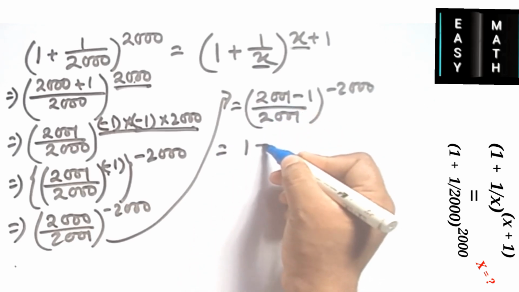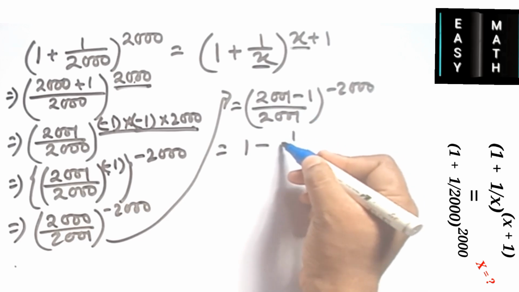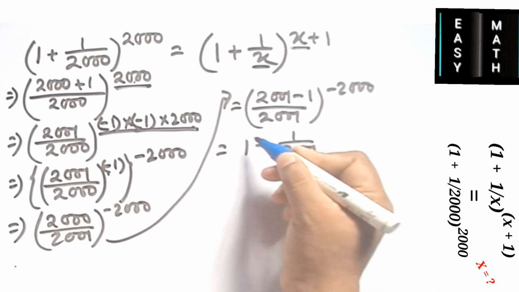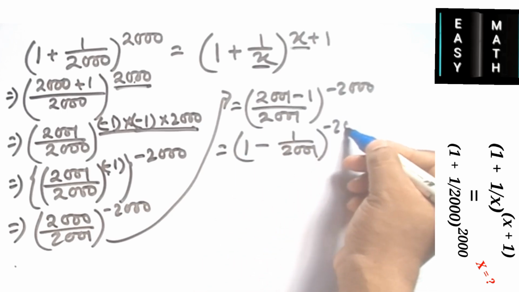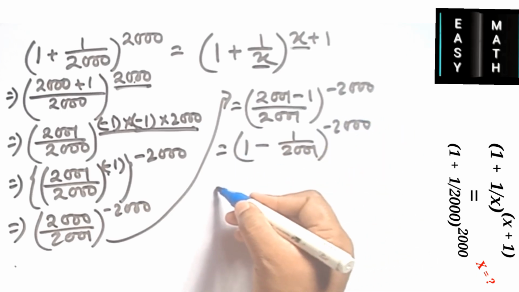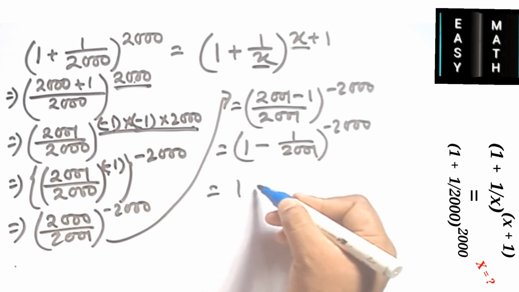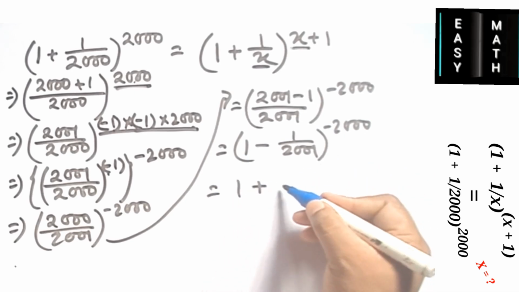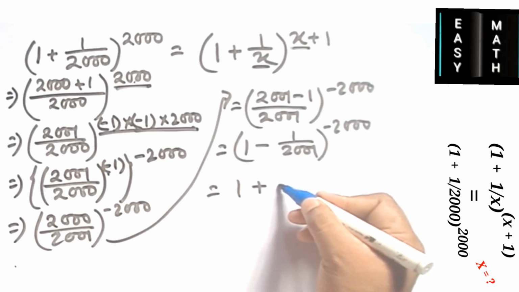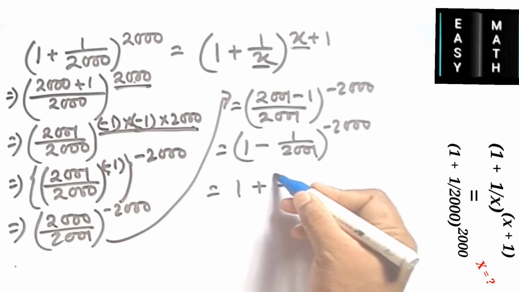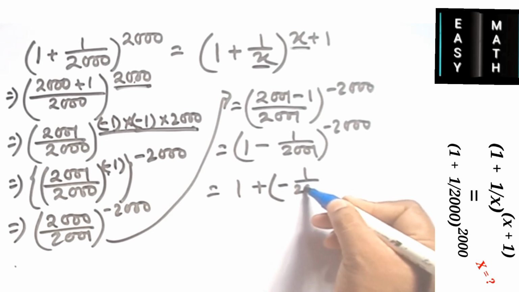So there is 1 and this is the 1 of 2000 of 1. This is the minus 2000 and there is the 1 and this is the plus and we can write the minus of 2000 over 1.